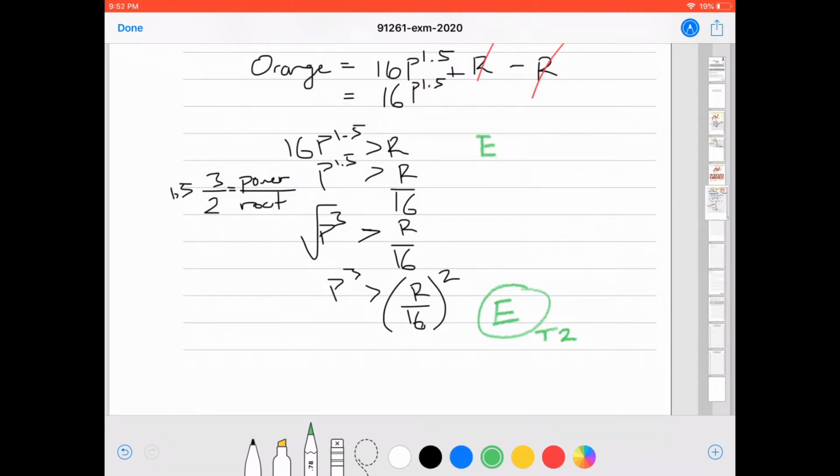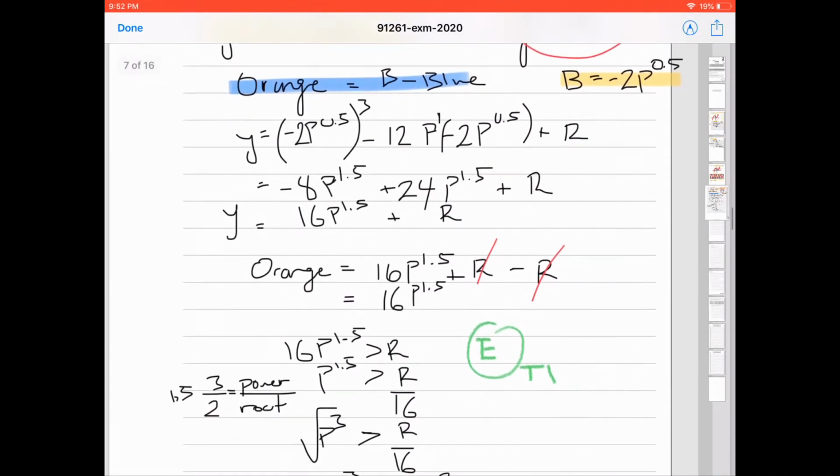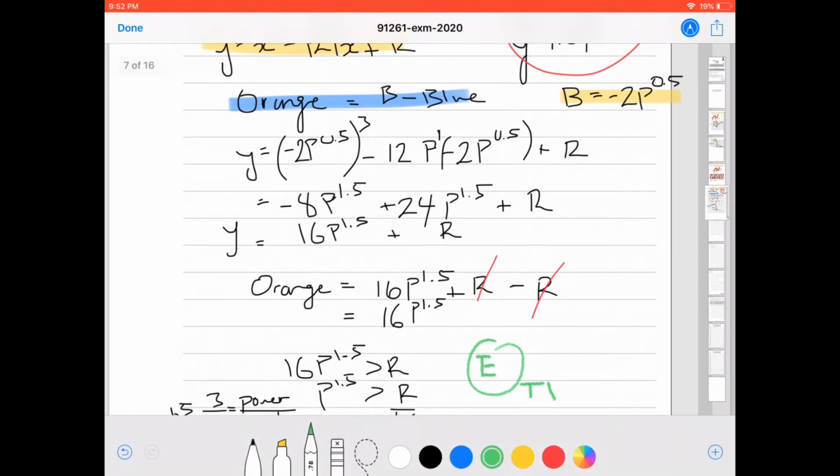Let's keep the same theme and just say T1. Okay, your merit is length of the orange line obtained. And possibly this will clear up some of the issues I had with explaining it. The length of the orange line was 16p to the power of 1.5, so this was here.